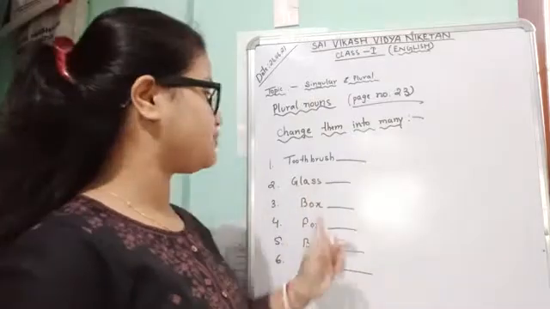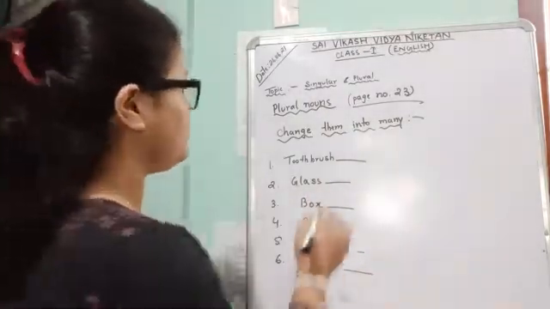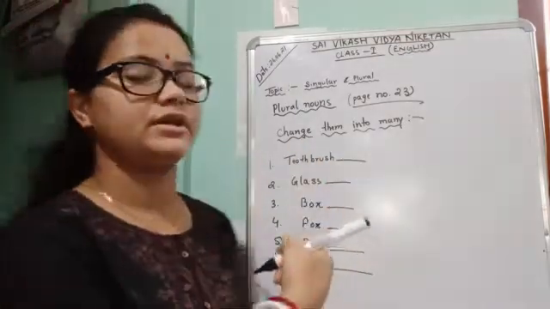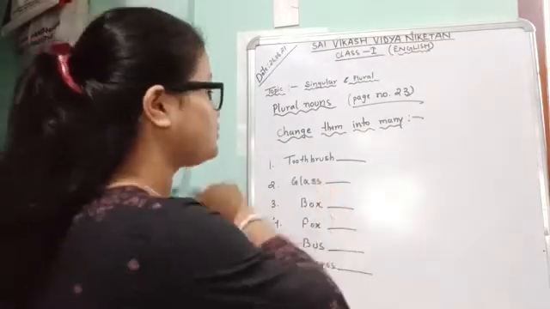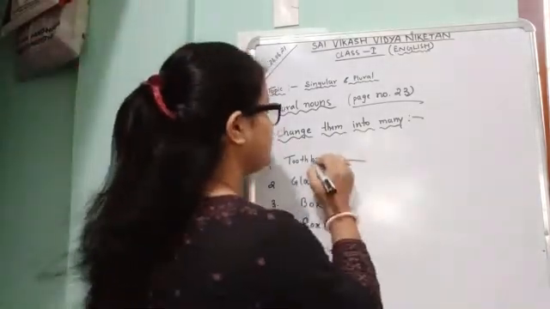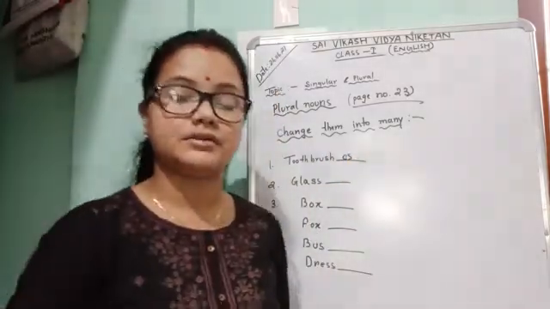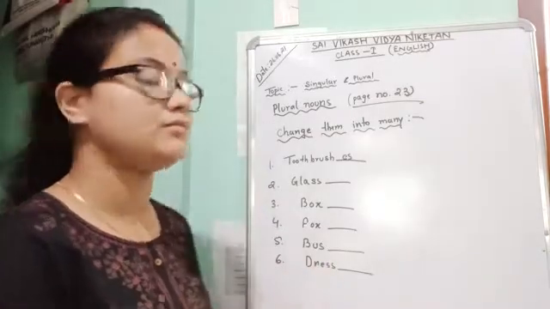Here it is showing only one item. We have to convert it to many. How? Toothbrush. If we have to convert it into many, then we have to add es to the toothbrush. Toothbrushes. The pronunciation is brushes. That means it shows more than one item.